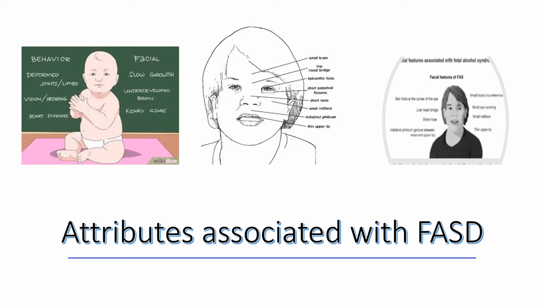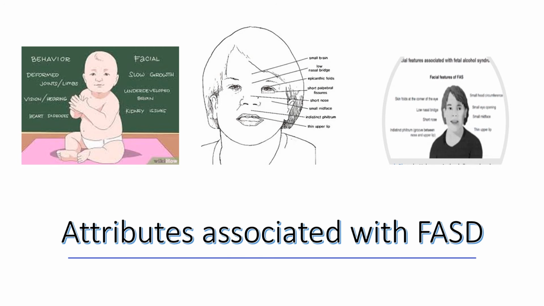The attributes associated with fetal alcohol spectrum disorder are shown in the pictures listed. There is undeveloped brain development. They may have kidney issues, slow growth.